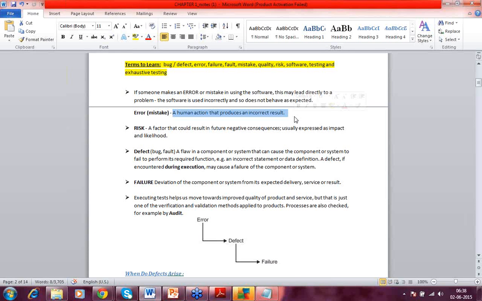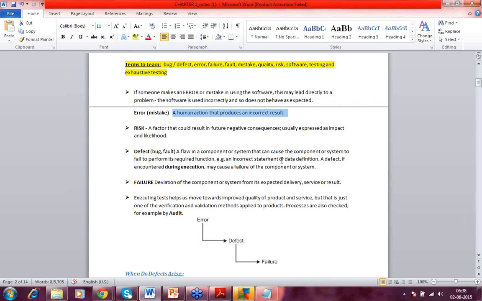Because of that, when some user knowingly or unknowingly enters a negative number or a quantity more than expected, the system does not handle it, and it gives an incorrect result or incorrect functionality. For example, there is an incorrect statement of data definition or incorrect statement of reports. That is what we call a defect.